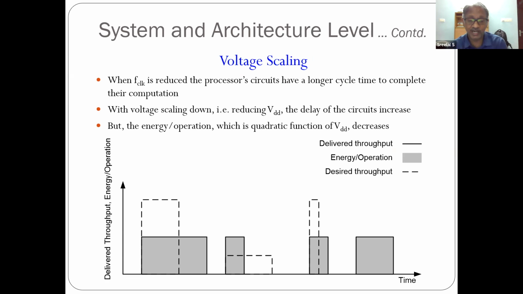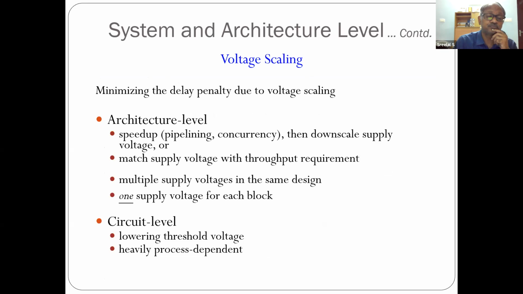Or if you want only a lower performance, then it is possible to operate at a lower voltage. So with voltage scaling, we reduce the VDD, but the delay of circuits will increase, but at the same time, their power consumption will reduce. So whenever you don't need very high performance, it is possible to reduce the voltage and then save on power.